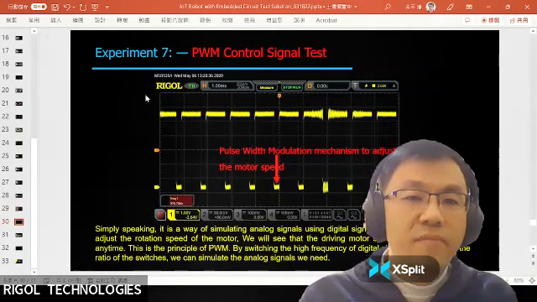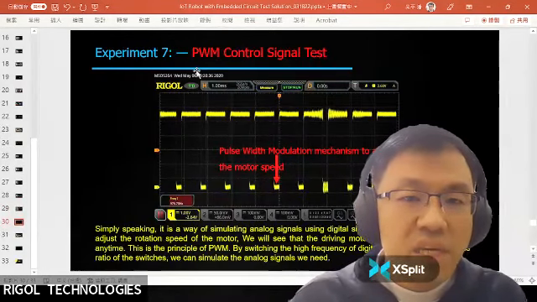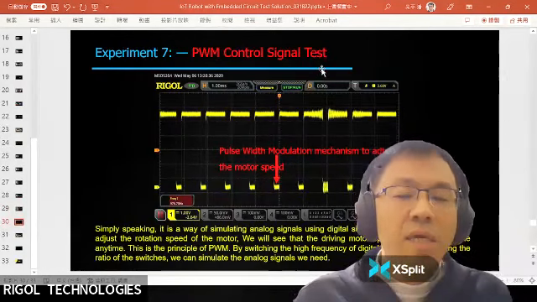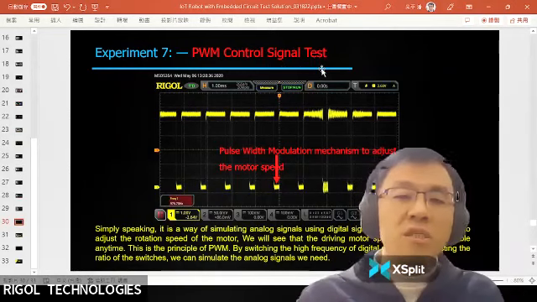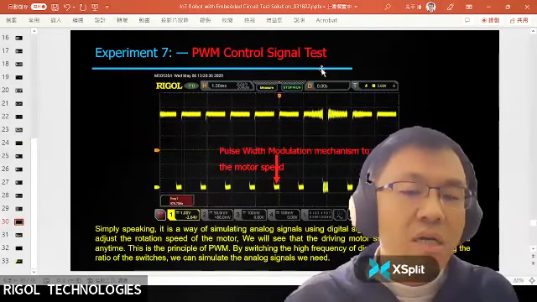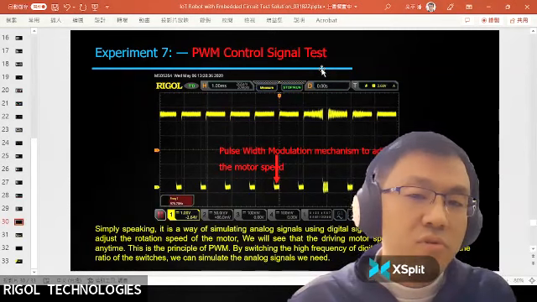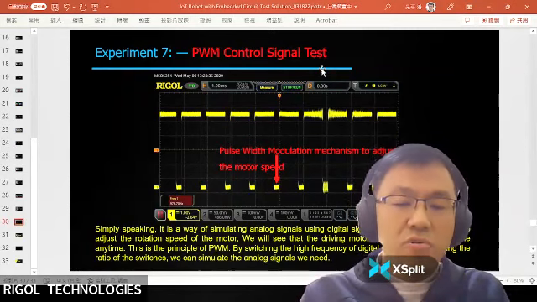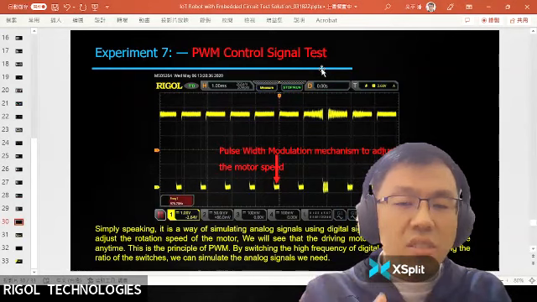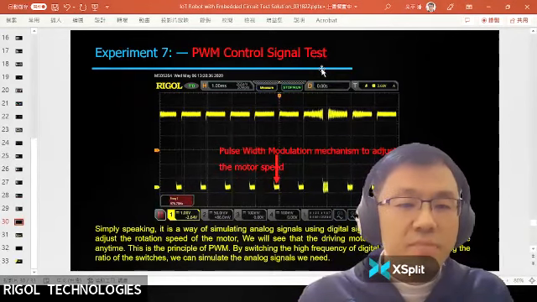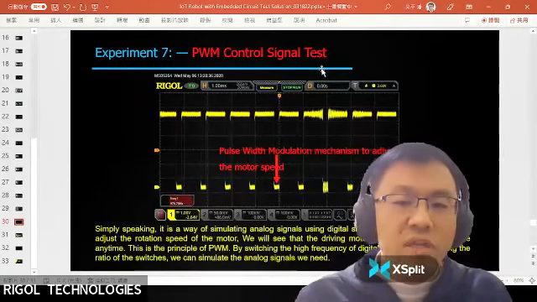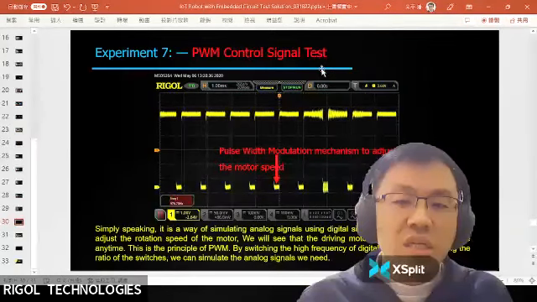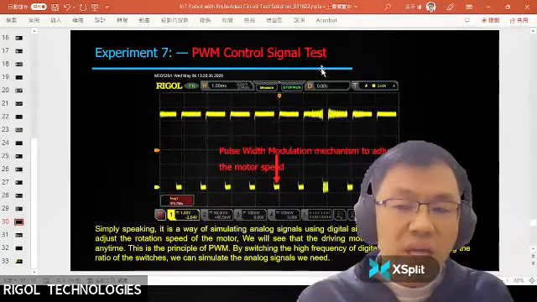And you can see example 7 is the PWM control signal. Our step motors are modulated by the PWM mechanism to help the motors step speed up or speed down. It is a way of simulating an analog signal using a digital mechanism.